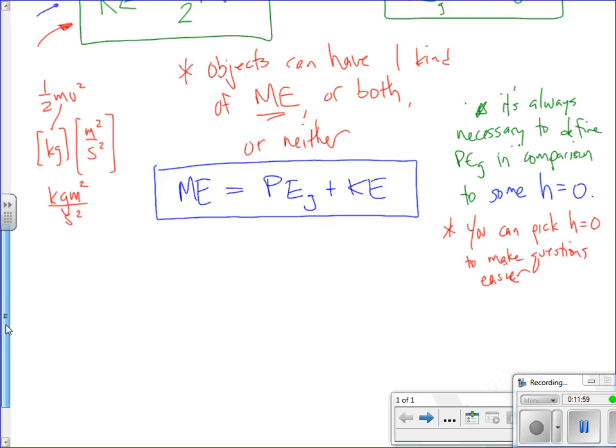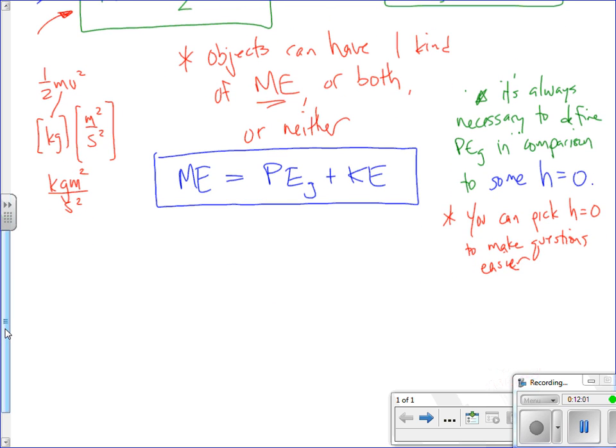People very rarely talk about those units for energy. What you could do is do this, a kilogram meter per second squared times a meter. Now this, you might recognize as like M times A. And M times A is force. So this is actually a Newton, and then times that meter. So sometimes people do talk about energy in Newton meters, but then we call that a joule.